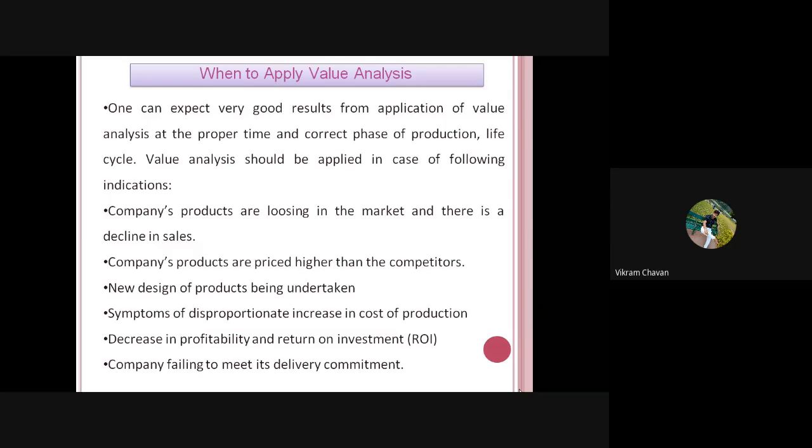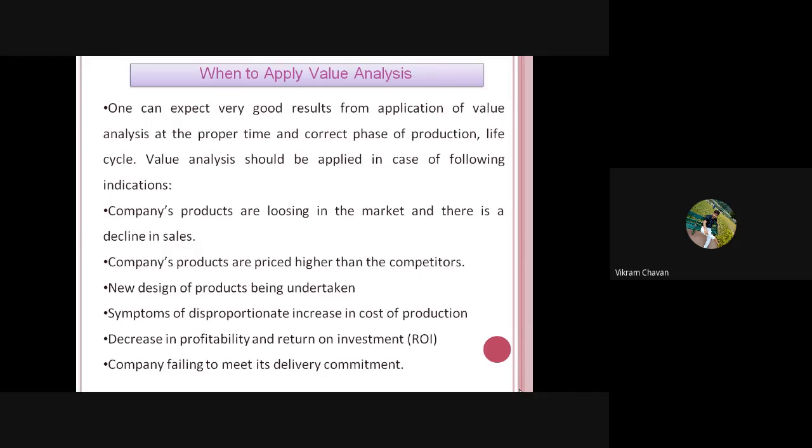Next one: new design of products being undertaken, full stop.